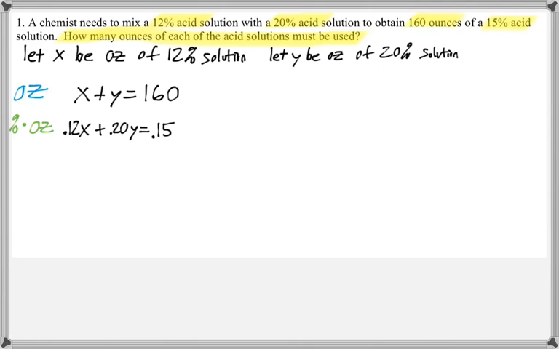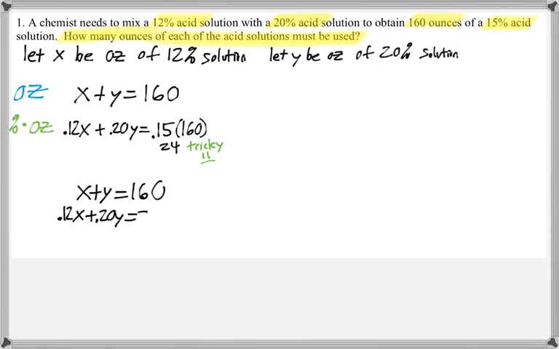So it's going to be 0.15 times 160, and that is equal to 24. So that is very tricky. So my actual two equations are x plus y is equal to 160, and 0.12x plus 0.20y is equal to 24.